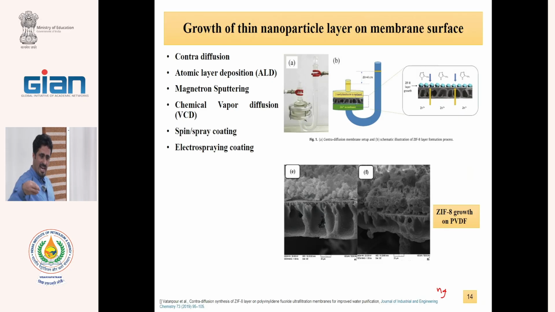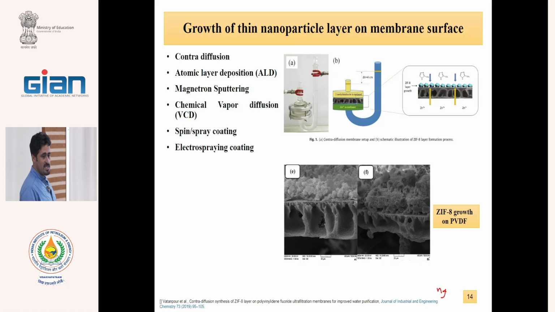But in atomic layer deposition, a gas with monomer 1 comes to the membrane surface and adsorbs, then we have a vacuum, and the second reagent comes and reacts as one cycle. We have a vacuum again, the first reagent comes, then the second. Cycle by cycle, and in this case we have a very, very uniform layer.